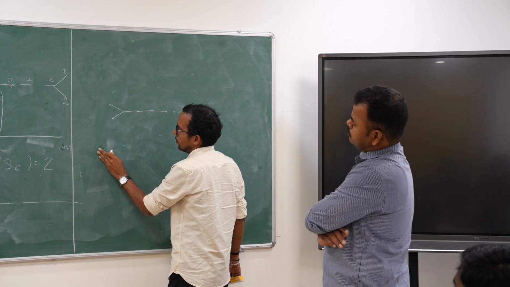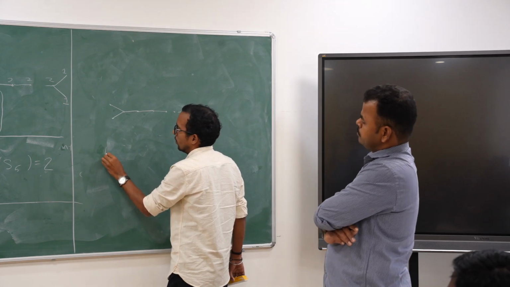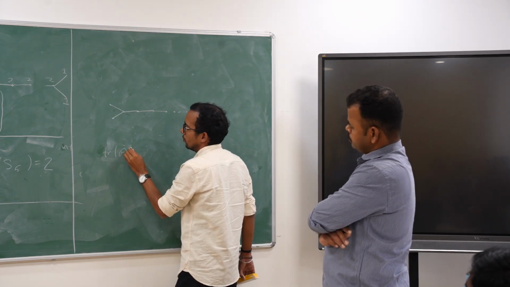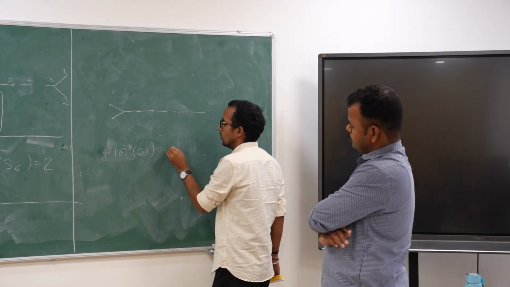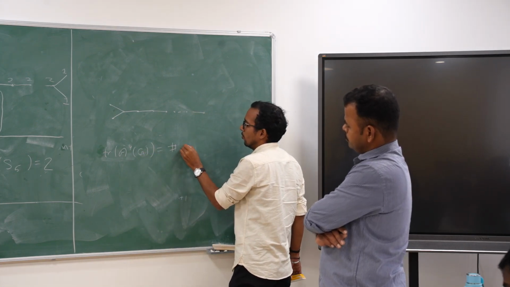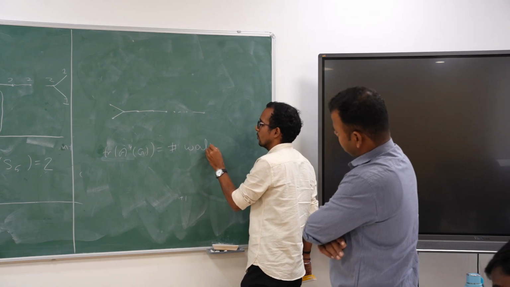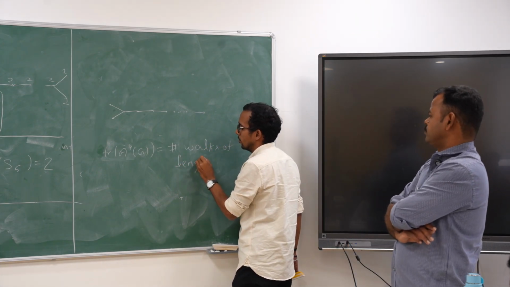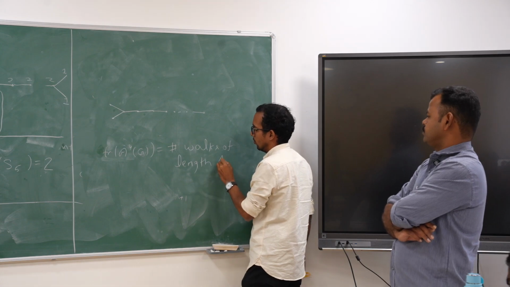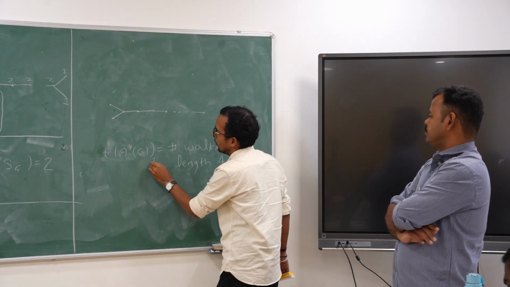The trace of A to the power 4 of any graph gives us the number of walks of length 4.